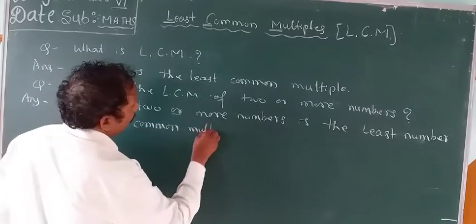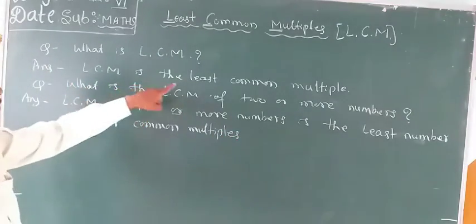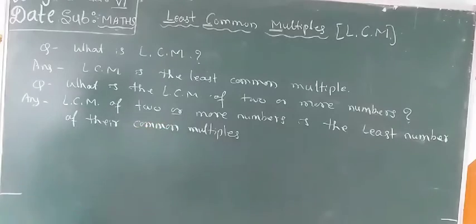This is known as the LCM of two or more numbers.